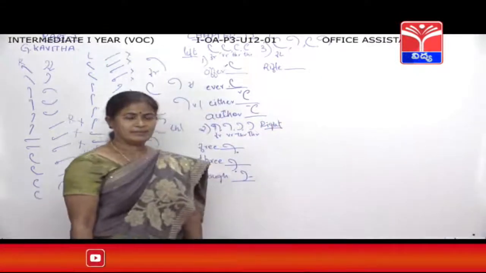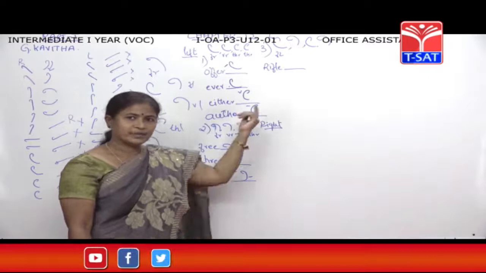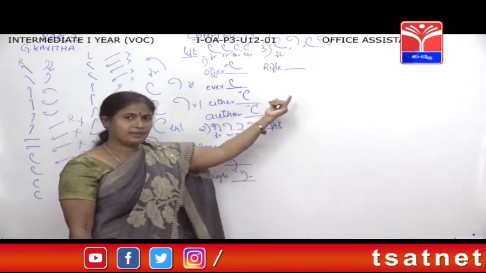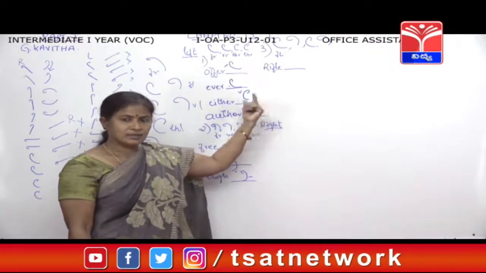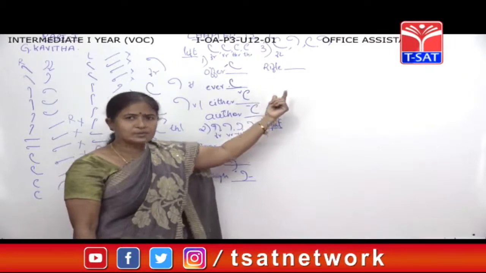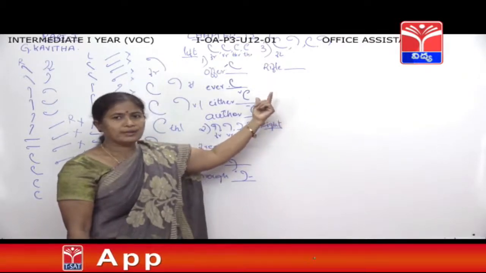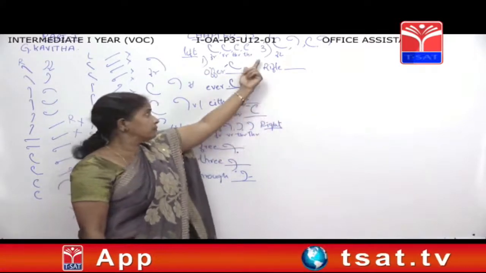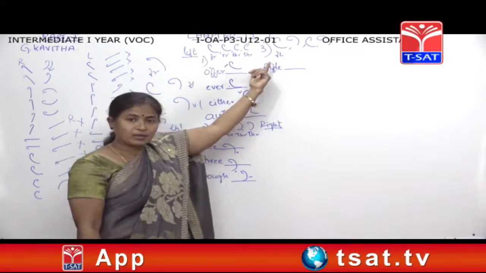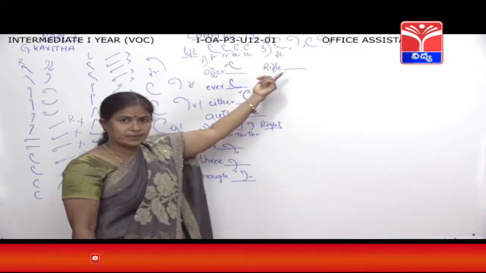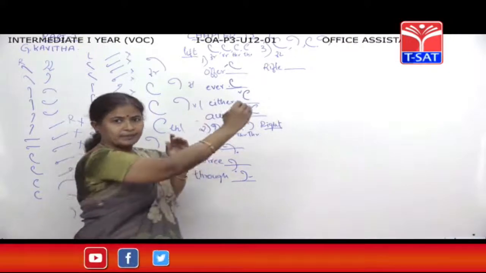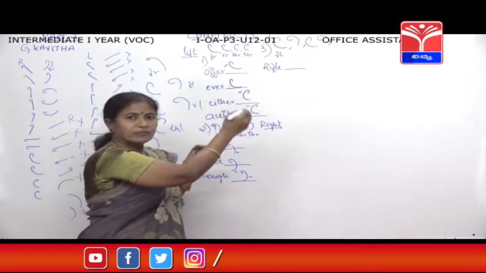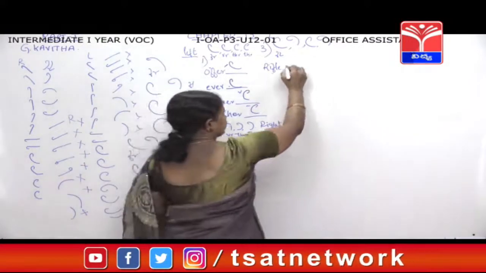Example: rifle. How many strokes do we hear? R and full. Now, which R do we write? Initial R followed by a vowel, we use upward R, isn't it? So, ray and full. Now, which form do we use, the left form of full or the right form of full? See, when ray is going upwards towards the right side, the right form will be more convenient.